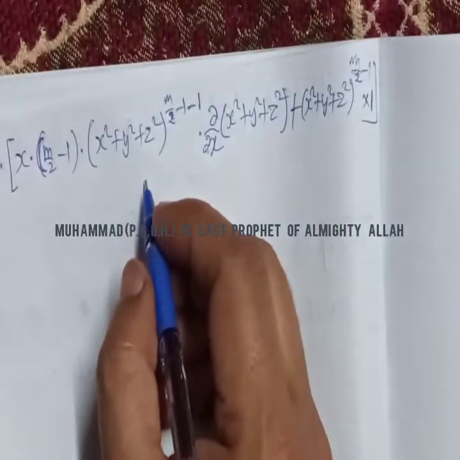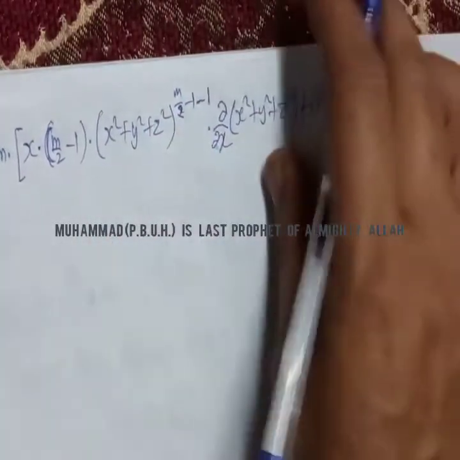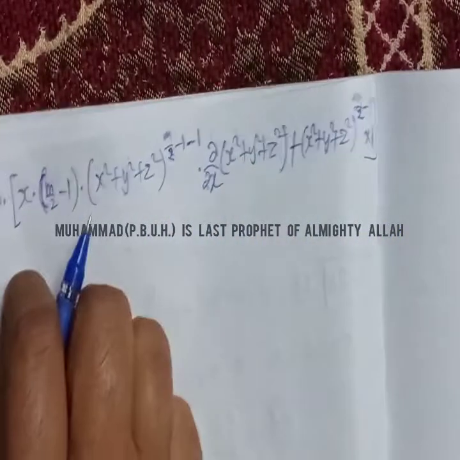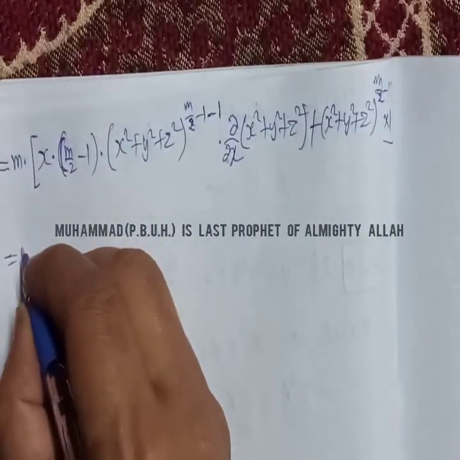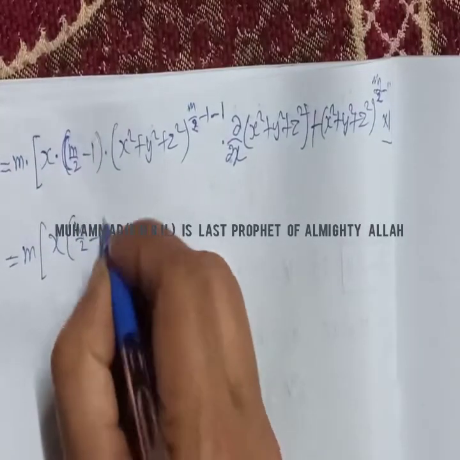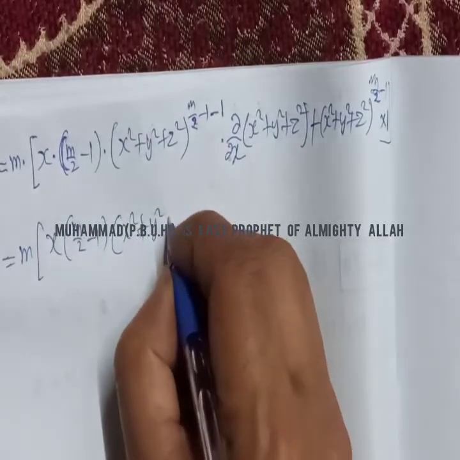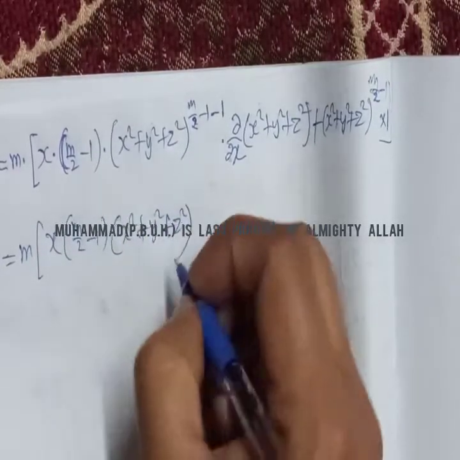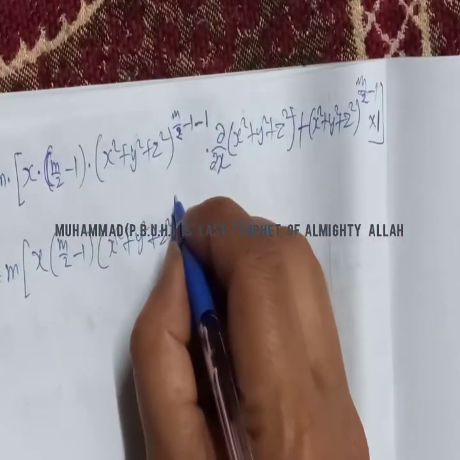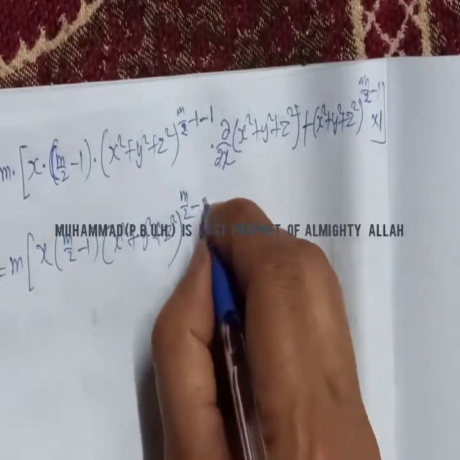We can solve this value: m by 2 minus 1 and x² plus y² plus z², and m by 2 minus 1 minus 1 equals m by 2 minus 2.